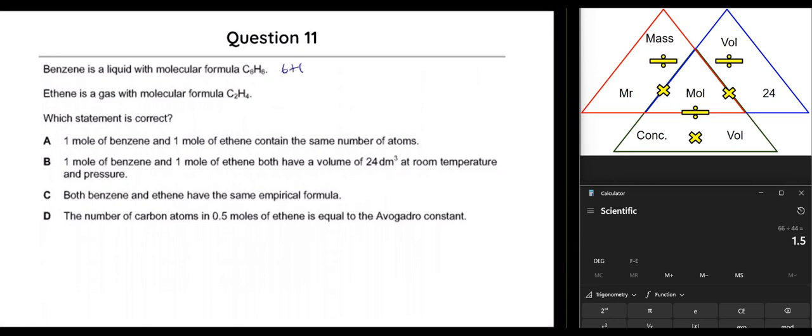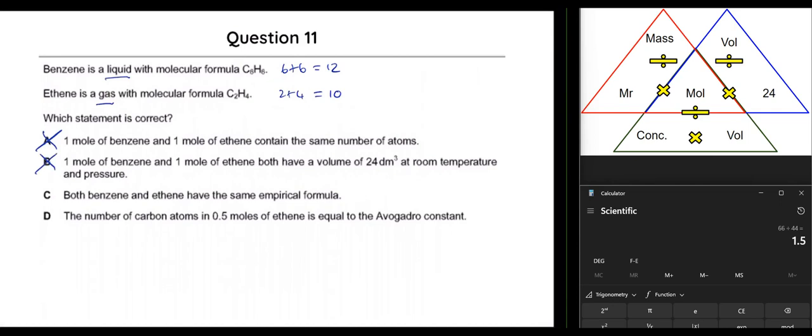We've got 6 plus 6, so we've got 12 atoms there, and we've got 2 plus 4 here. That gives us 6, so A is definitely not right. Is it 1 mole of benzene and 1 mole of ethene, both of a volume of 24 decimeters cubed at room temperature and pressure? Well, it's told us that ethene is a gas, but it's told us that benzene is a liquid. So that would only be true if they were both gases. So, B, you're no good.